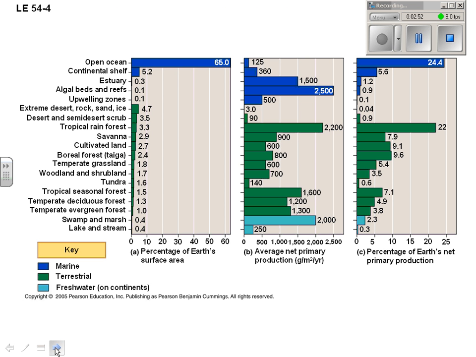So here's a view. This chart shows some of the net primary production on Earth. Here's the net primary production by ecosystem, or biome actually.